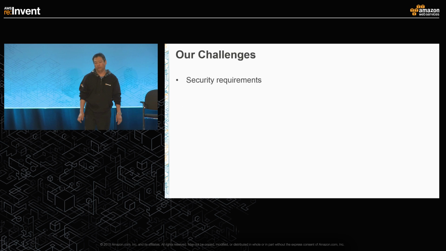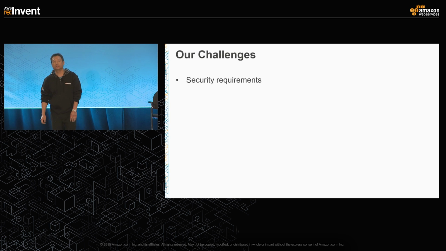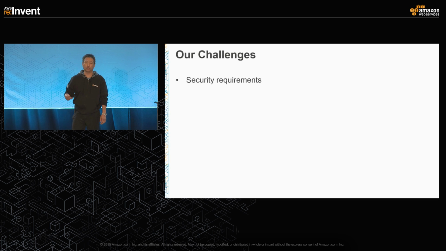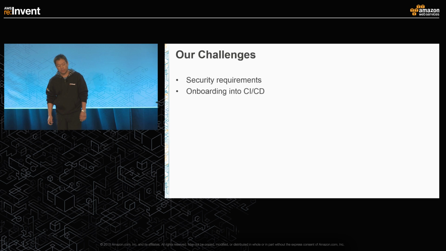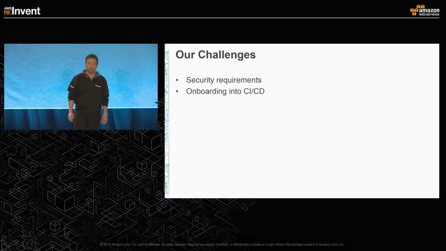So at Intuit, we take every precaution to protect all of our systems and our data. We have strict security requirements that we must adhere to in order to host any application or service in AWS. We're also required to use threat modeling in our architecture design to ensure we build security in from the very beginning. Any new service that we create must be onboarded into CI/CD.